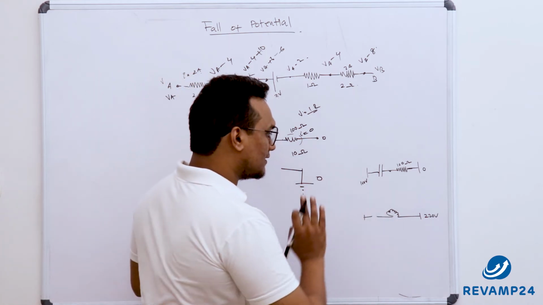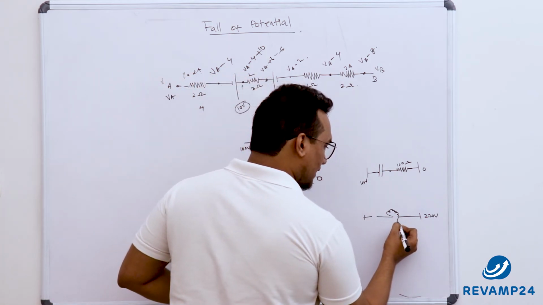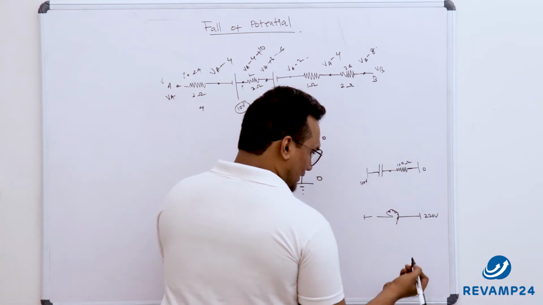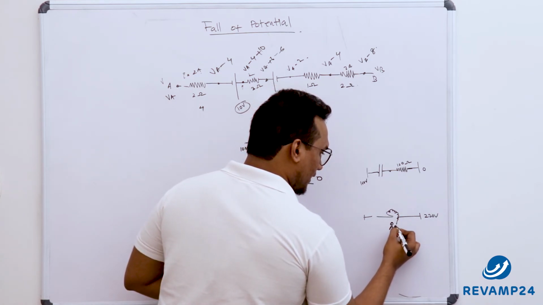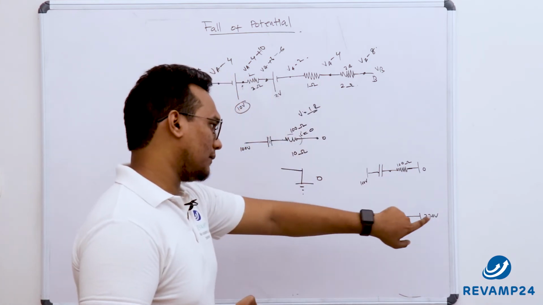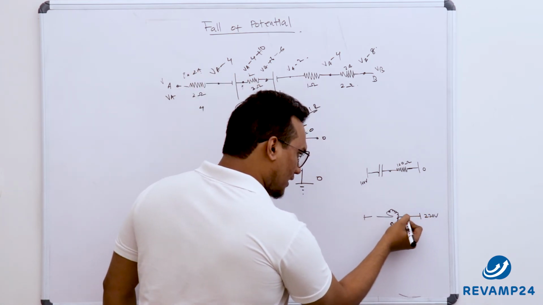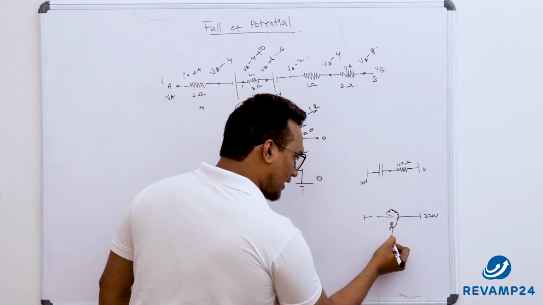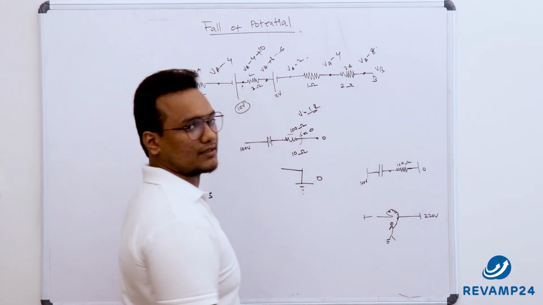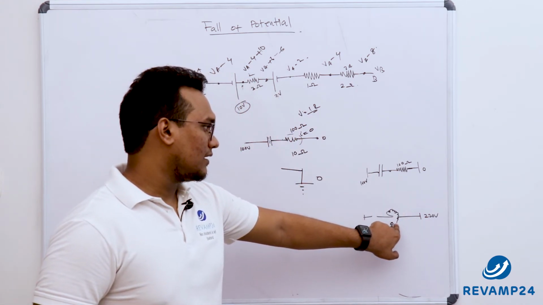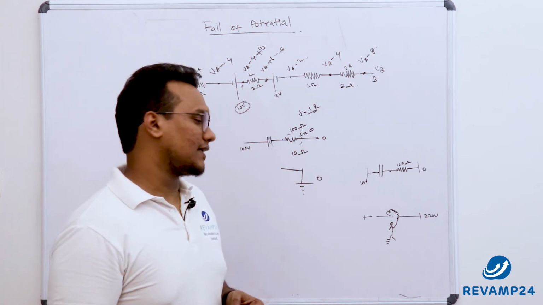Now to check this, what we will do, we will keep a tester here, and keeping a tester is nothing but we are becoming a part of this circuit, and current will pass from the higher potential through the tester, through our body, and it will go to earth. It's basically earthing. So we will see a deflection, or we will see the bulb glowing in the tester.